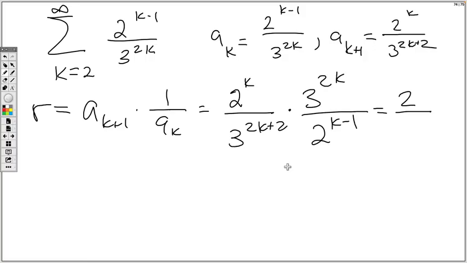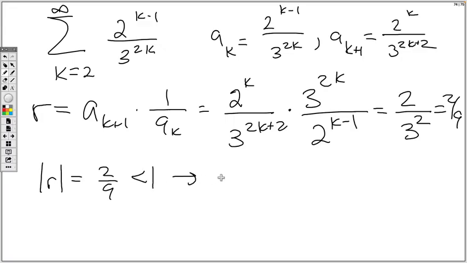How many factors of 3 am I left with? 2 factors of 3 in the denominator, so this ratio is 2/9. Is that less than 1? That means it converges. So since each individual piece converges, I can use properties of convergent sums.